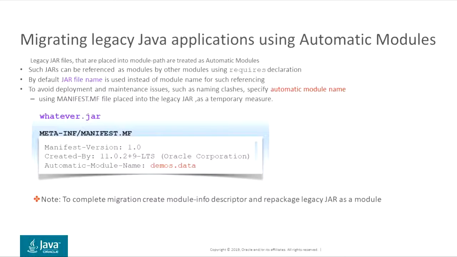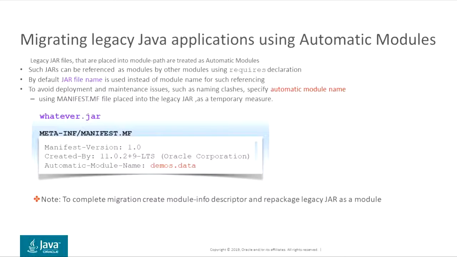However, if you just place the non-modular jar into the module path and you created an automatic module, what would be the module name? Well, that's a problem, because there will be a jar file name, which is definitely not guaranteed to be unique. That's seriously a problem, because module names must be unique.